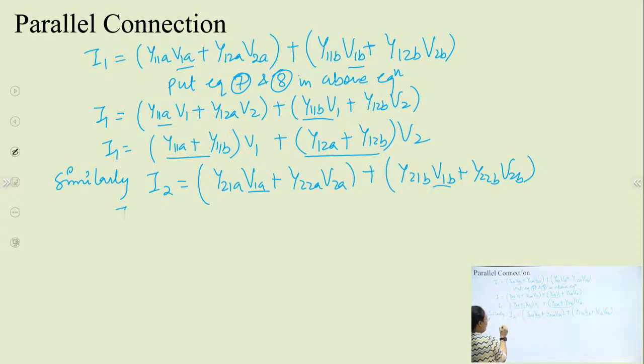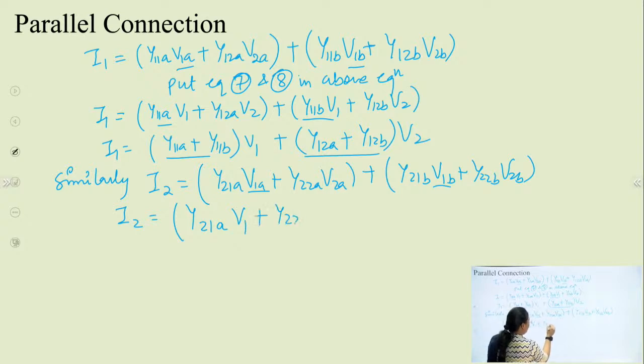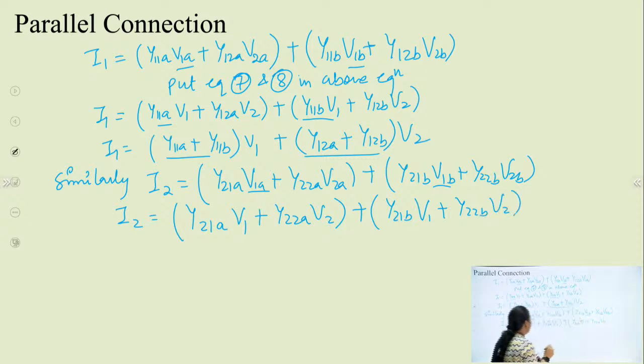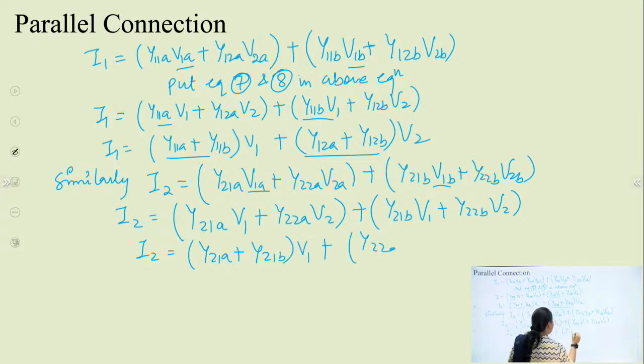So I'll get the value of I2, which will be equal to y21a into v1 plus y22a into v2 plus y21b into v1 plus y22b into v2. Okay. So again we will simplify this and I'll get the value as y21a plus y21b into v1 plus y22a plus y22b into v2.